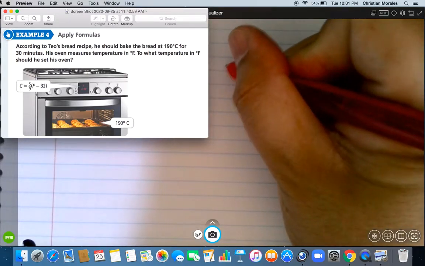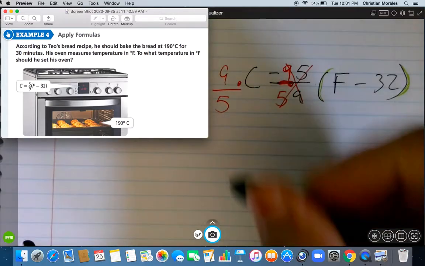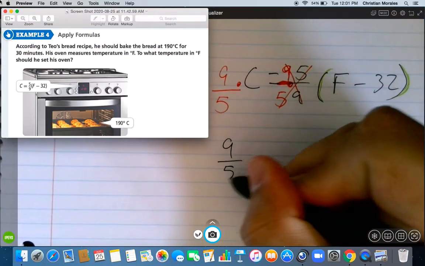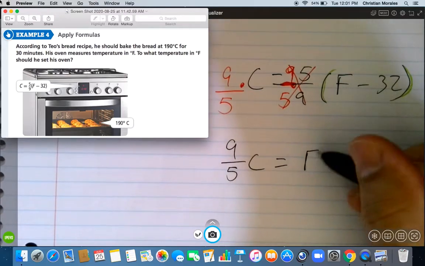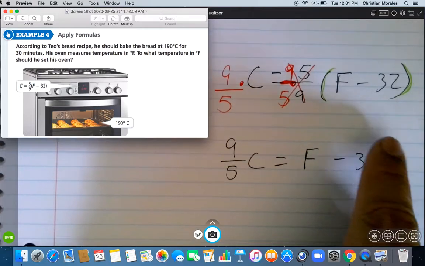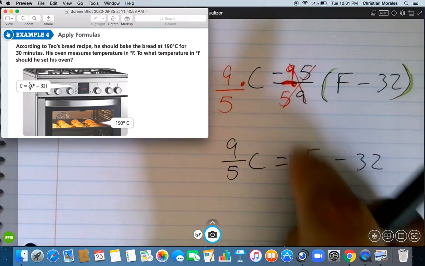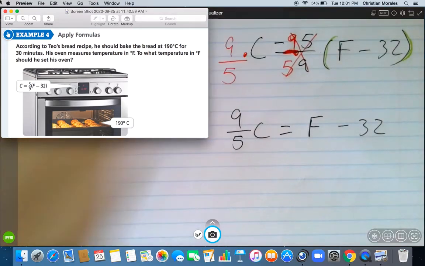But now you'd have to multiply 9/5 times Celsius as well. So you get this. 9/5C equals, that's gone, F minus 32. What happened to my parentheses? Well, now that there's no number in front, you don't need them. All right, now we can get rid of the 32.